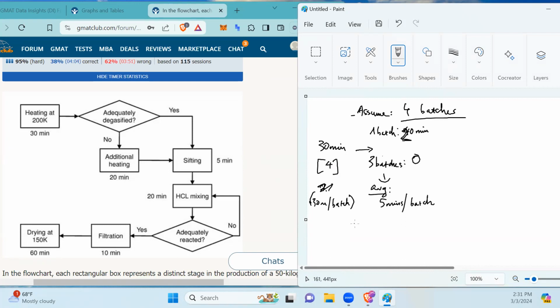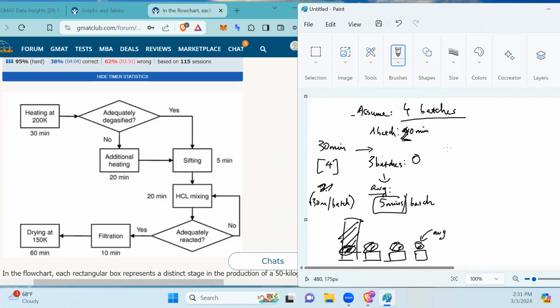Put another way, let's say that one batch needs extra time for additional heating, and these are the other batches. We're just going to take this difference and distribute it out equally to all 4 batches. That's the additional 5 minutes.